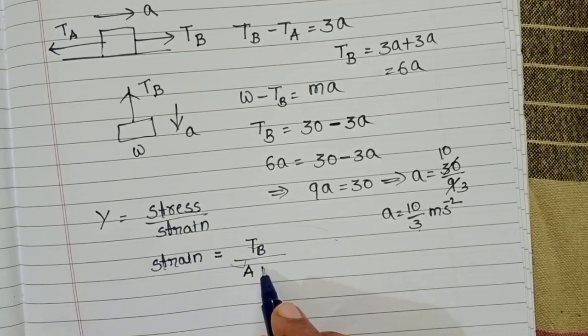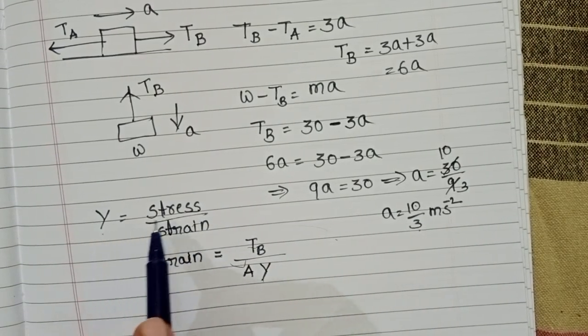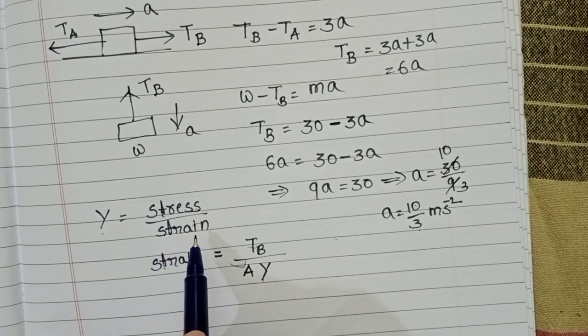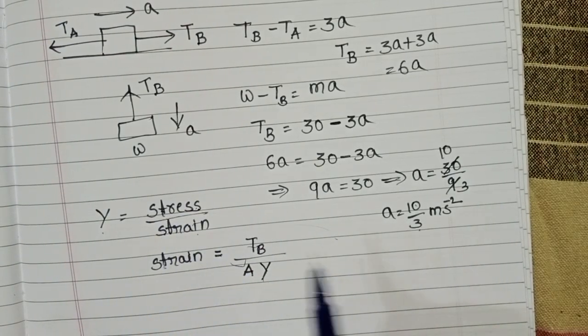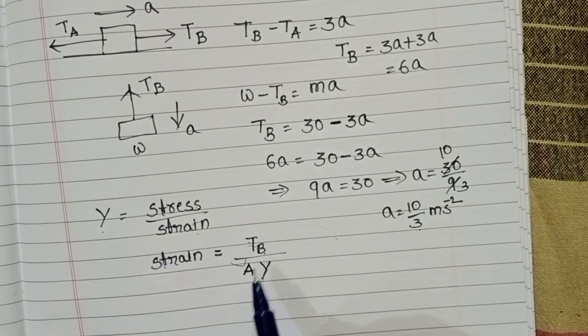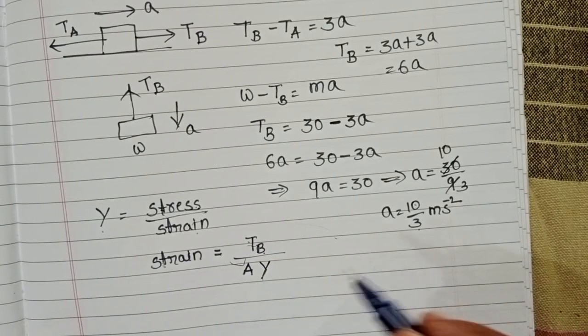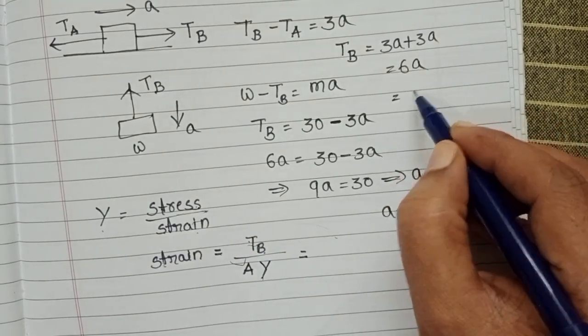Try to understand this formula. Young's modulus equals stress by strain. From this, strain is equal to stress by Young's modulus. Stress of the wire is equal to tensional force by area of cross section. Tensional force TB, find out here.